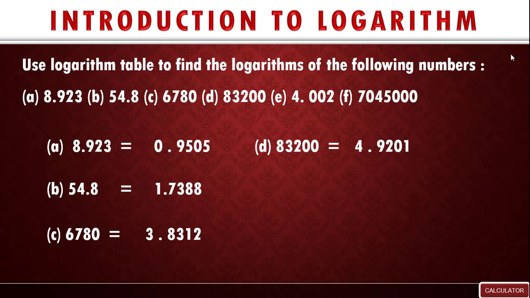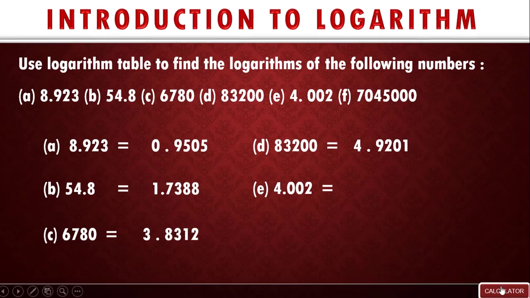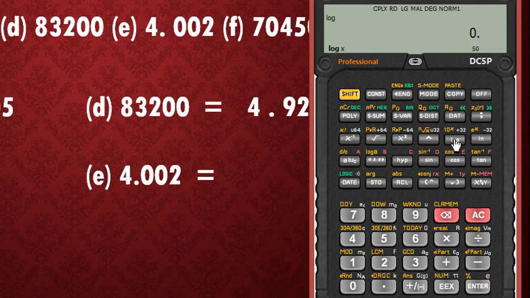Okay, let's look at the question E. We're given 4.002. So ask yourself the question, is this number greater than 1 or less than 1? Well, this number is greater than 1, so we can use our calculator to determine that directly. Okay, so we press the log 4.002. I press equals to or enter. And we have 0.602. So this last 2, that's the last digit of the mantissa.